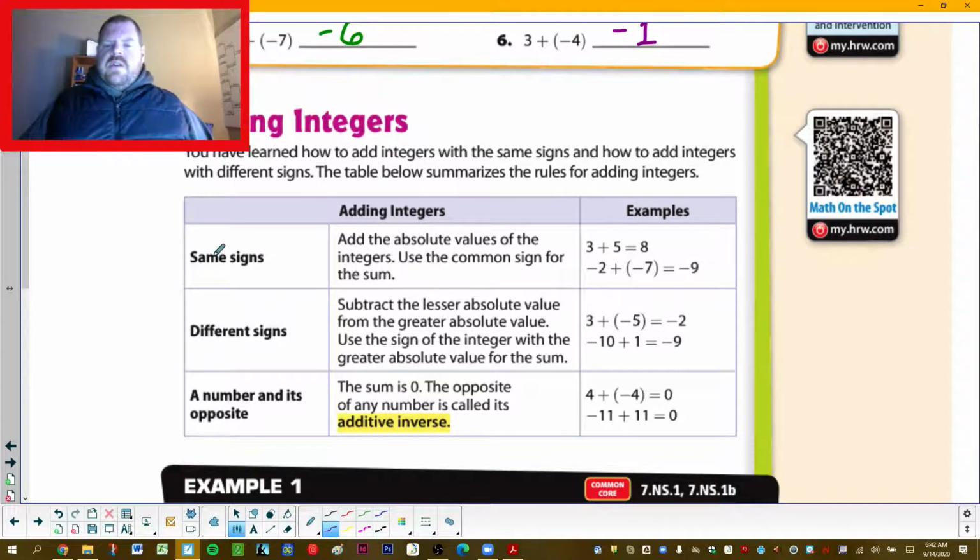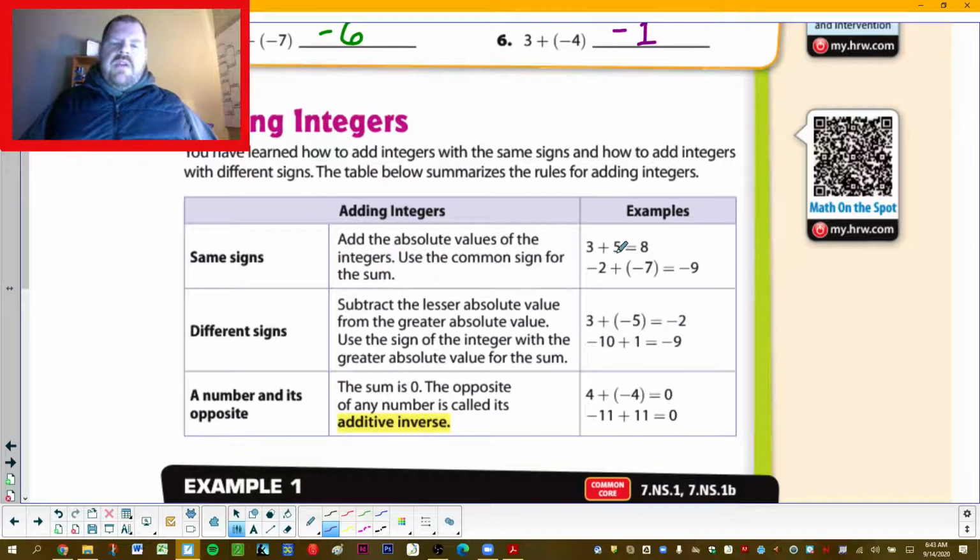The first one is talking about same sign. So this is what we talked about last time in class. It says we add the absolute value of the integers and use the common sign for the sum. So the answer is going to have the sign that the 2 numbers that we added together had. And you can see that in these 2 examples.